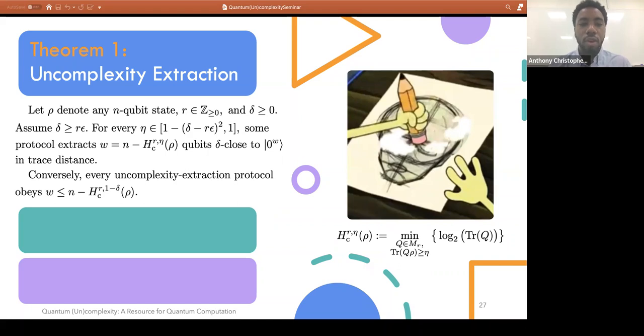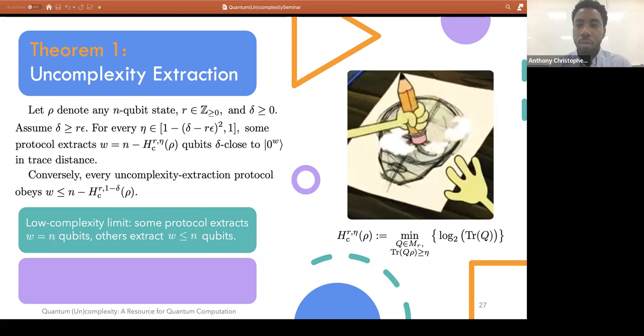So that's the existence of some protocol that can achieve that level of extraction. And then conversely, we know that every uncomplexity extraction protocol will be less than or equal to this quantity. So in that sense, we've established the near optimality up to this delta factor.